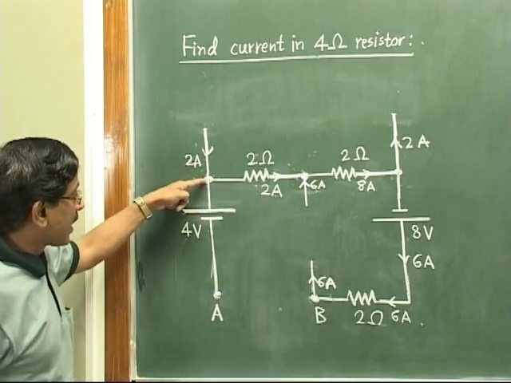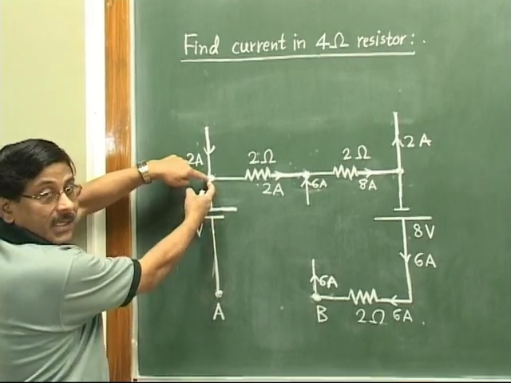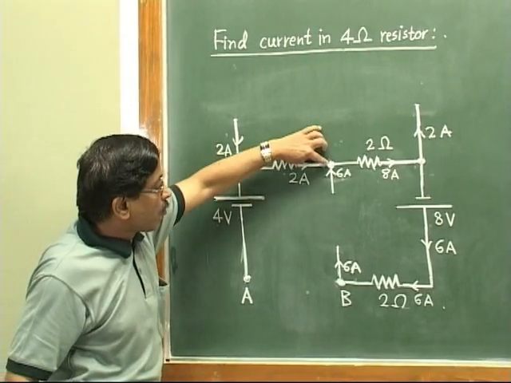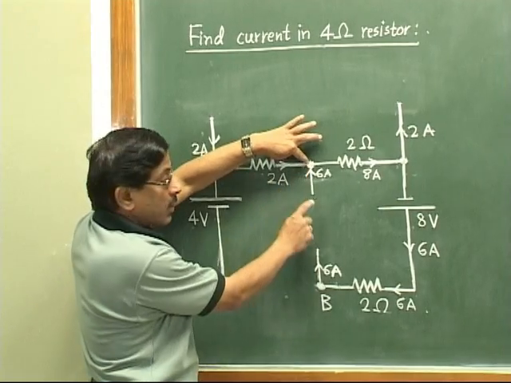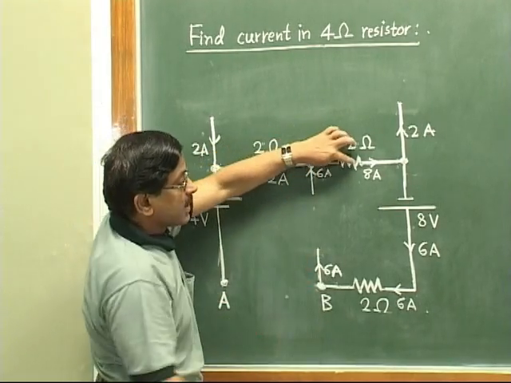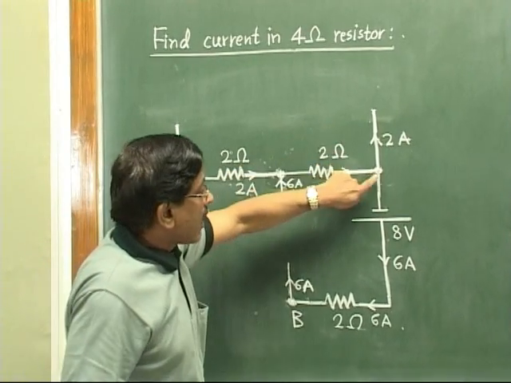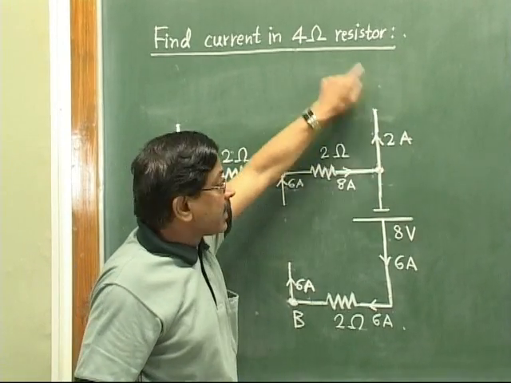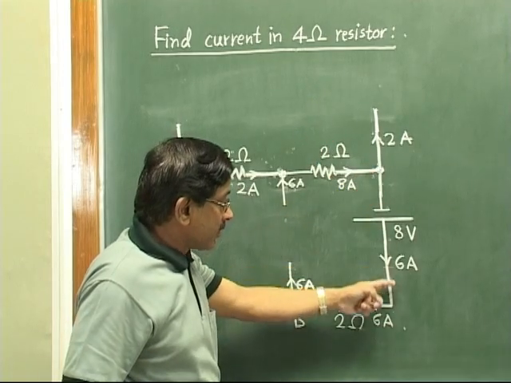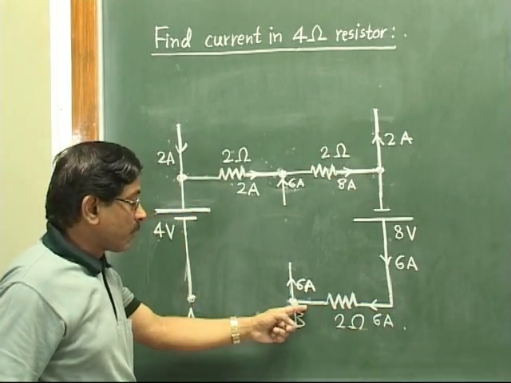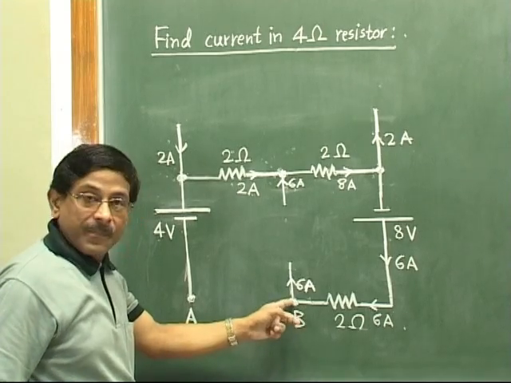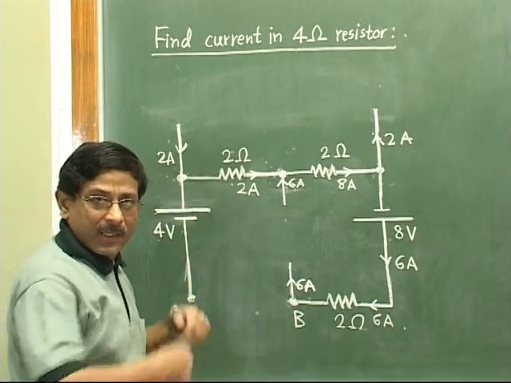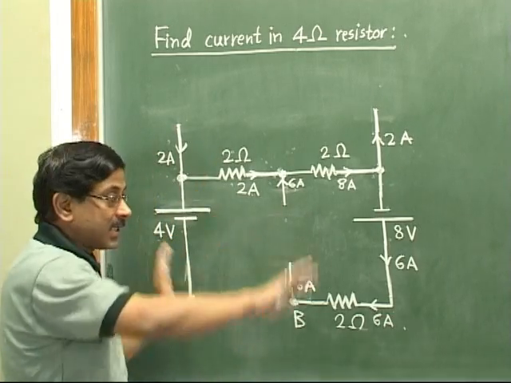And see here, all these figures will be matching. So 2 ampere coming like this, no current from this section, so entire 2 ampere will move ahead. Here at this node 6 ampere is added, 2 plus 6 is 8. 8 will go ahead. Out of 8, 2 is again leaving the circuit, and so 6 will come down. This entire 6 will flow up to point B, and from point B there is a drain of 6 ampere. It is going out. So the things match like this.